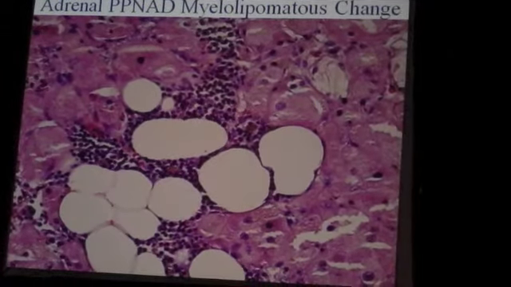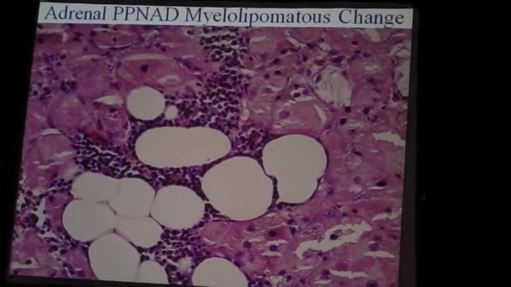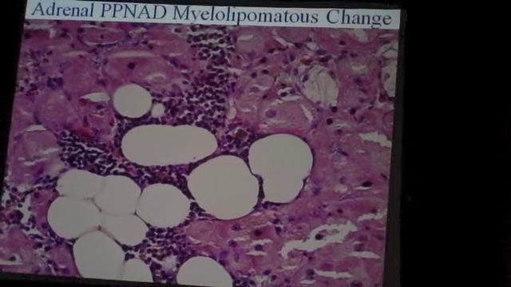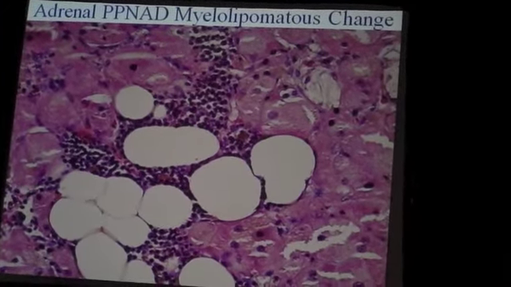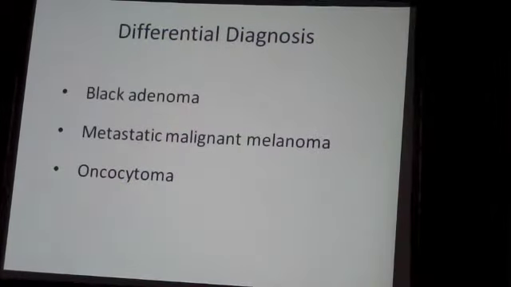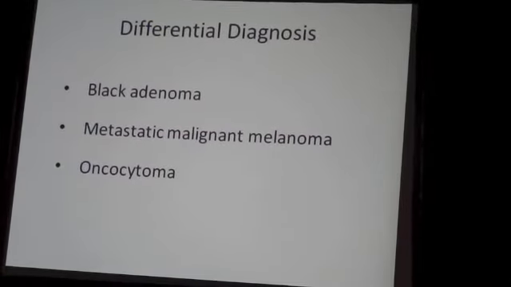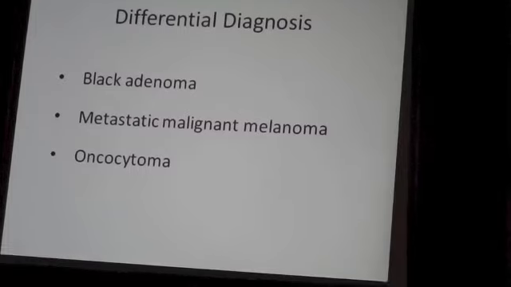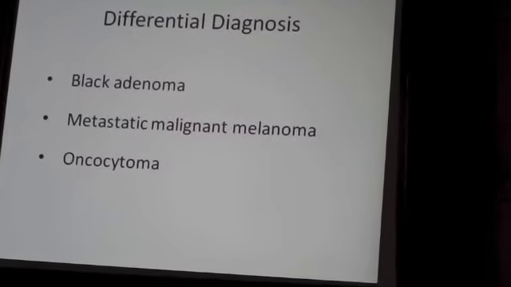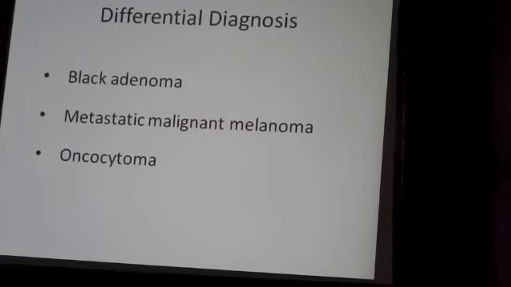And sometimes, in terms of subtle pathologic changes, you can have these myelolipomatous changes with adipose tissue. But these are not myelolipomas as such, but early stages of the development of such an entity. The differential diagnosis, of course, if you see one of these grossly, would be black adenoma, metastatic melanoma, or oncocytoma of the adrenal cortex.